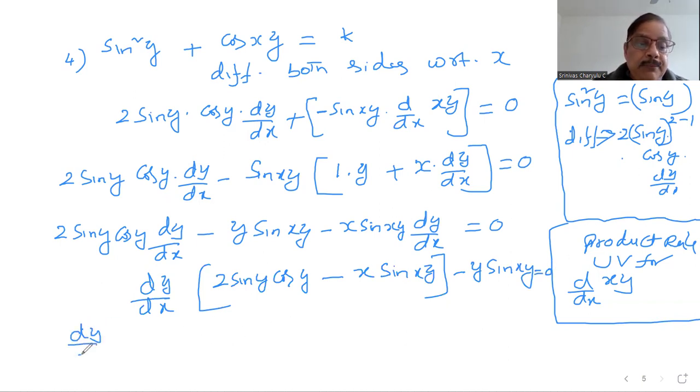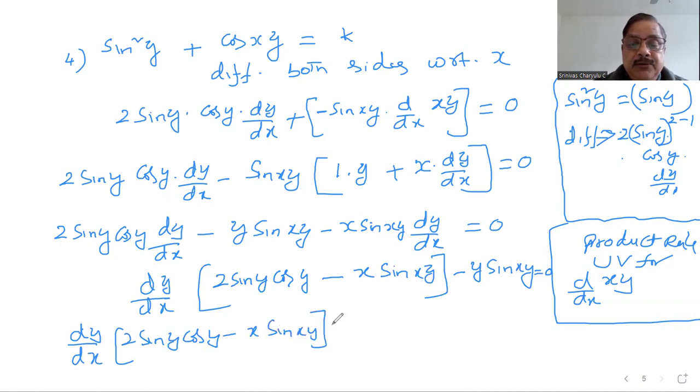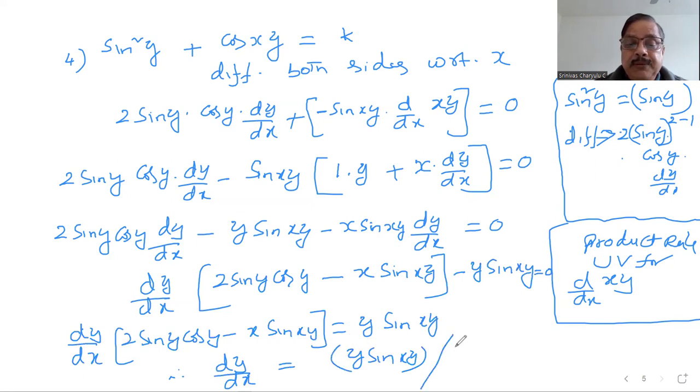Therefore, dy by dx into 2 sin y cos y minus x sin xy is equal to y sin xy. Therefore, dy by dx is equal to y sin xy divided by 2 sin y cos y minus x sin xy.